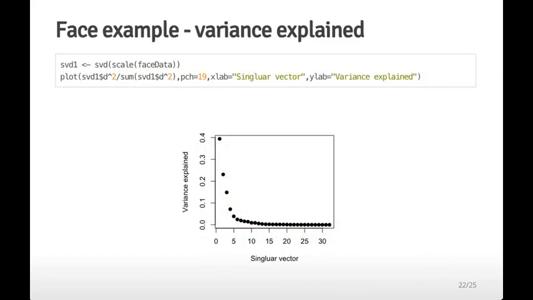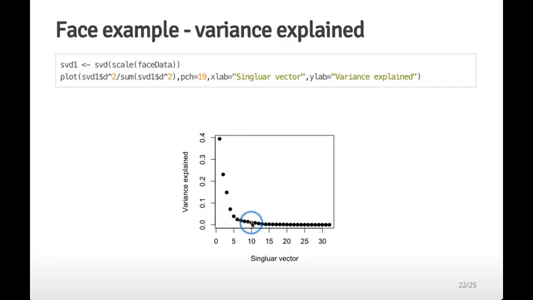If I perform a singular value decomposition on this FACE data set and then look at the percentage of variance explained, I can see that the first, second, third, fourth, and fifth variables all explain a large percentage of the variance. So I can reconstruct versions of this FACE where I only use the first singular vector, the first 5 singular vectors, or the first 10 singular vectors.